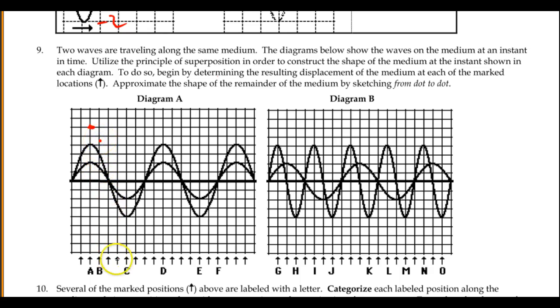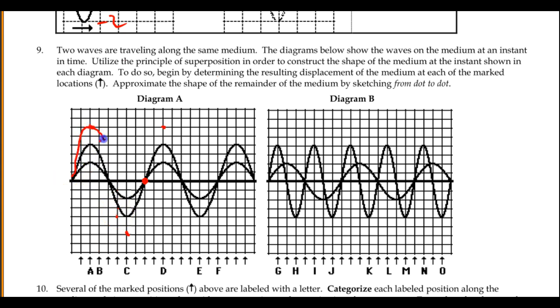Here at point C, it's negative 2 and negative 4, so that's negative 6. Here at D, that's positive 2 and positive 4, so that's positive 6. Here it's 0 and 0, so that's 0. Here it's 1 and 3, so it's about 4.